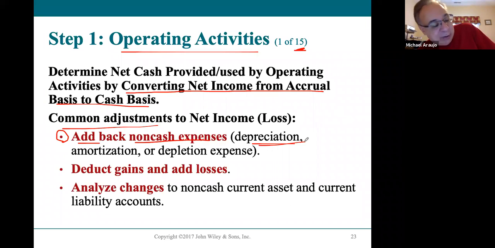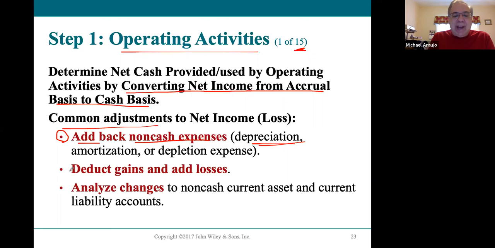A non-cash expense is an expense you don't have to write a check for, right? So when you have rent expense, you're writing a check. When you have salaries and wages expense, you're writing a check. In the case of depreciation, you're not writing any checks, nothing. So that's a non-cash expense. We're going to add that back because literally the cash never went out, stayed in. So that we're going to add back.